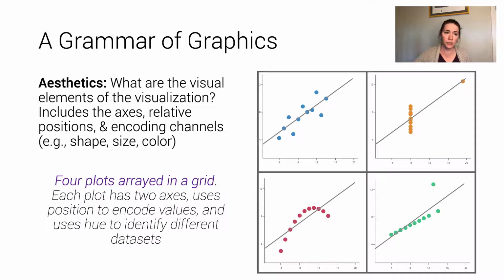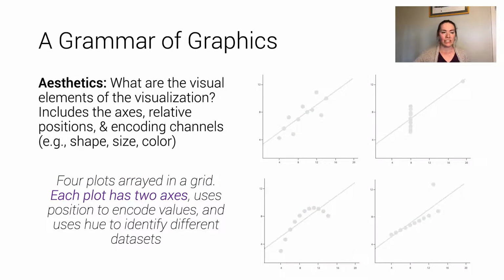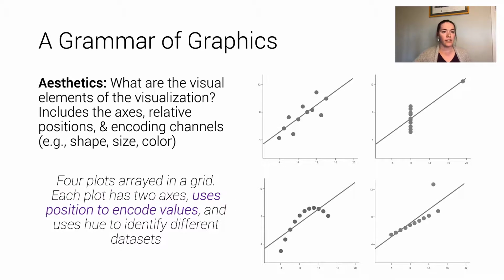So in the case of Anscombe's quartet, here we have 4 plots that are arrayed in a grid. Each of these plots has 2 axes, an X and a Y. They use position to encode value, and they use hue, whether it's purple, blue, red, green, orange, to identify what our different data sets are.